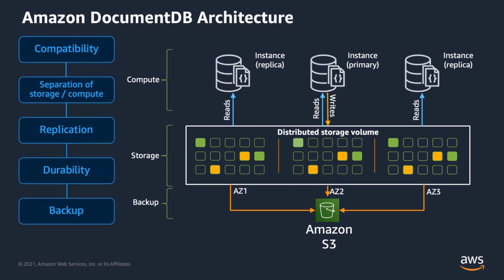Likewise, backup is another task that is offloaded to the storage layer, further freeing up your compute resources to perform those compute-heavy work, which pretty much is what your application would demand from a database. As a reminder, DocumentDB is a fully managed service. This means that AWS manages these tasks and ensures that the data is fully replicated, allowing you to focus on developing features that matters to your customers.